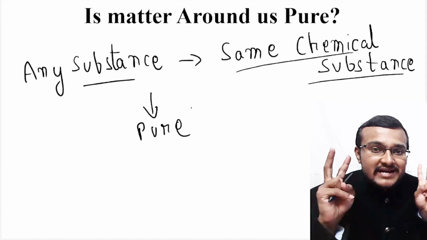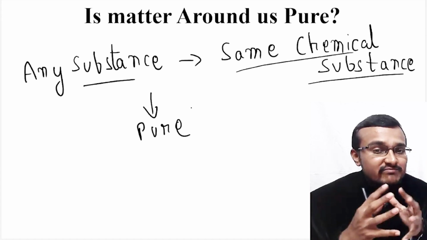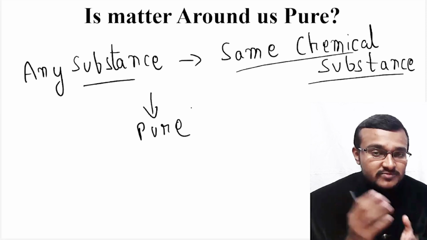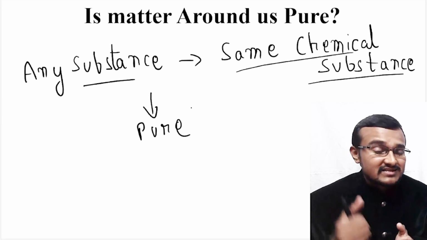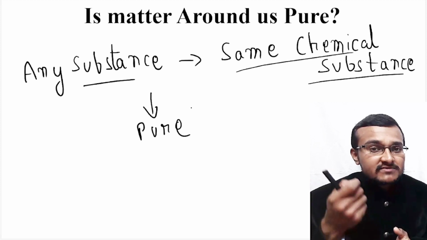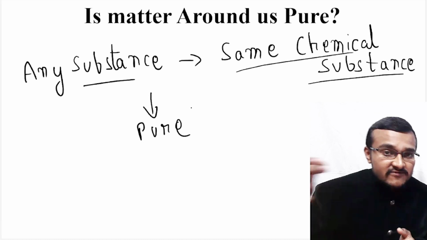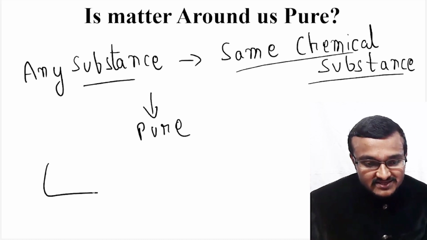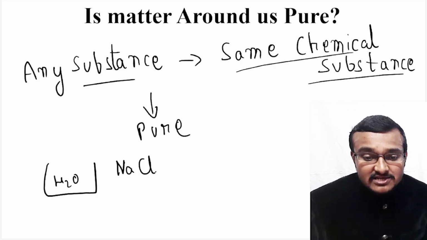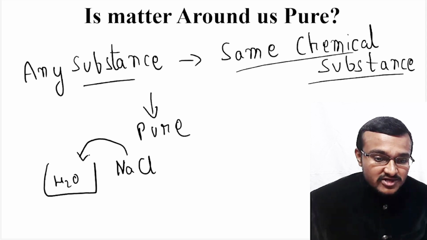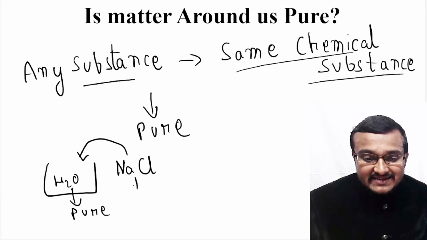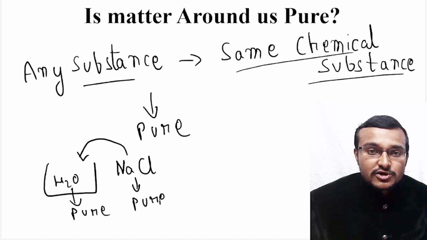Now, when two kinds of pure substances come together and mix together, that substance is known as a mixture. Those substances will never be pure, but they are made of pure substances. Let's say water and NaCl. Let's say this is water which contains H2O in it. Now you are putting NaCl, that is salt crystals, into this H2O. Now H2O is one pure substance and NaCl is another kind of pure substance.